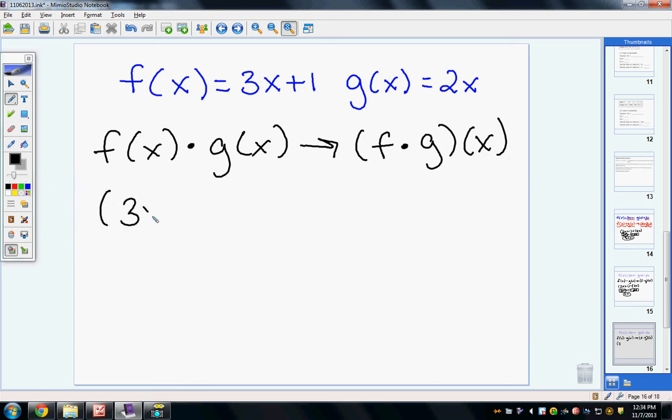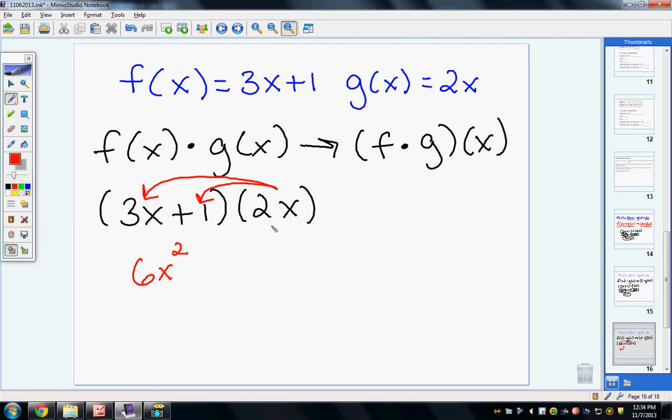So we're going to have 3x plus 1 times 2x. When I do that, I have to make sure that I distribute the 2x to the 3x and to the 1 here, okay? So 2x times 3x is 6x squared, and then 2x times 1 is positive 2x. And this is all you can do for that one there, okay?